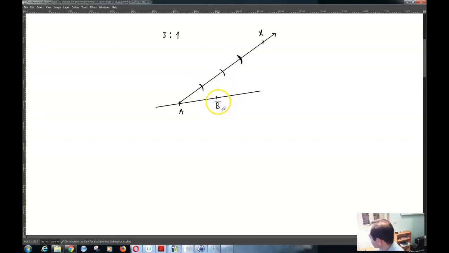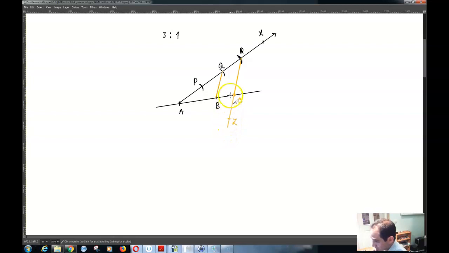Now, since that is 3 to 1, you can call these points P, Q, and R. And so you can join Q and B in this way, and then draw a line through R parallel to QB, something like this, and call this point, for example, point Z, and this point C.